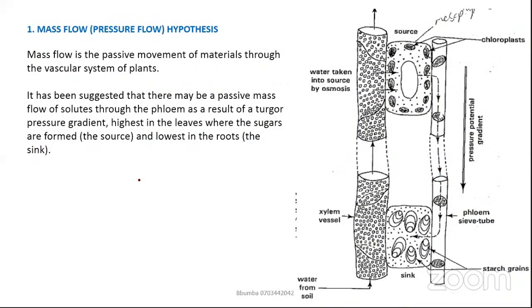Looking at the mass flow hypothesis, which you can call Munch's hypothesis, it is the passive movement of materials through the vascular system of the plant.